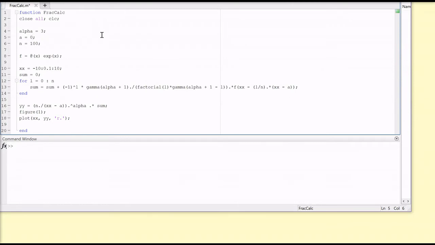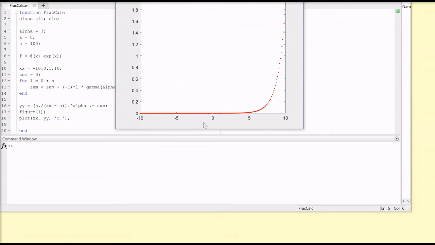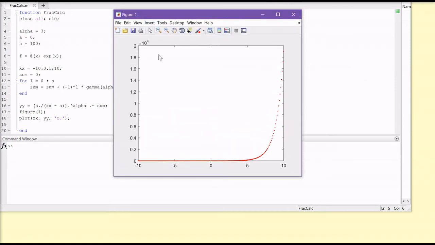But clearly, if we let our base point be equal to 0 and we run that, then when x is equal to 0, it's clearly not equal to, well, it's possibly equal to 1, since we're looking at a scale of times 10 to the fourth. So how can we test to see if this function is truly an exponential function?